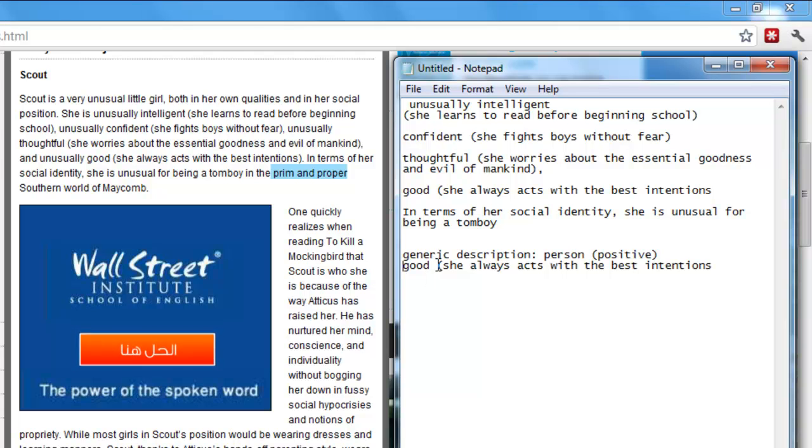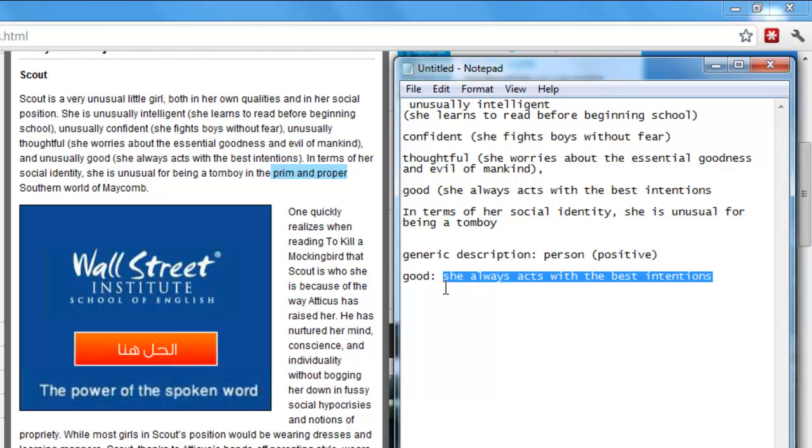So here the reason that this is a good description is not because of this adjective, she is good, it's because you have qualified this adjective. You've told us more about in what way is she good.